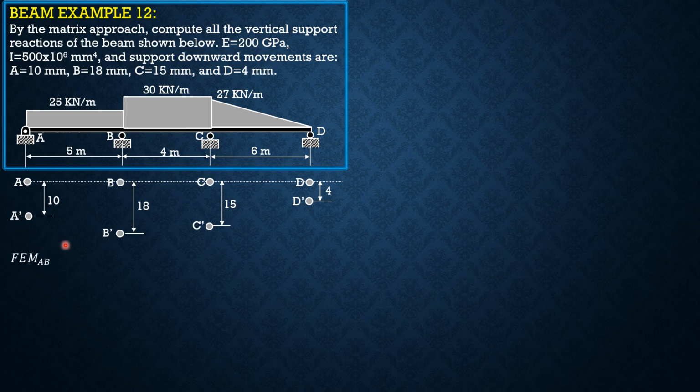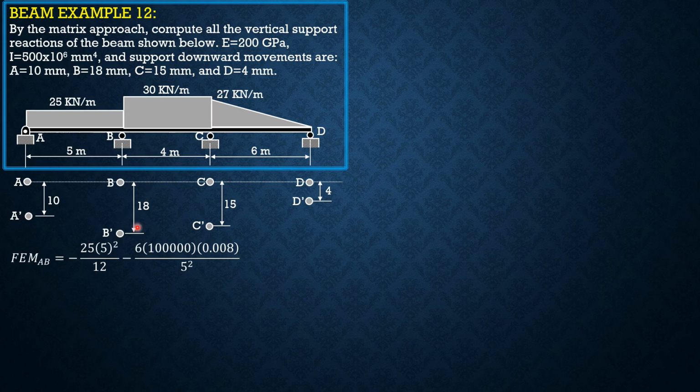So fixed moment AB is negative 25 times 5 square over 12. That's the formula. Minus 6 EI. EI is 200 gigapascals times 500 times 10 to the 6 mm to the fourth. Convert that to kilonewton meter square. So that's 100,000 kilonewton meter square. Since the rotation of the chord AB is clockwise, we treat the delta to be positive from slope deflection assumptions.